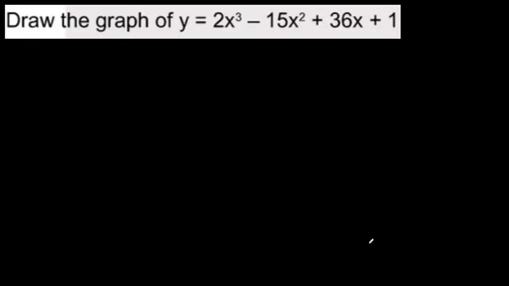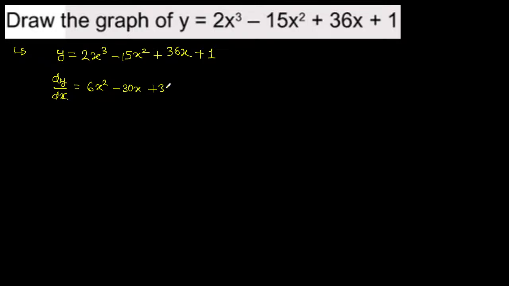Okay, so if this is the graph, first step, y equal to 2x cube minus 15x square plus 36x plus 1. dy by dx, this is 6x square minus 30x plus 36.